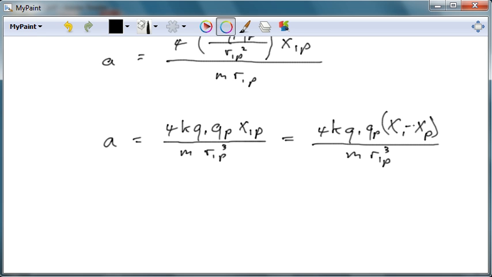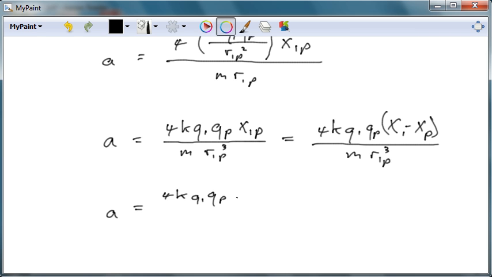So that's a variable, but M is supposed to be supplied by the user, and R1P cubed. I think that's the only thing that isn't a given, or the variable that we're letting vary as we track it.